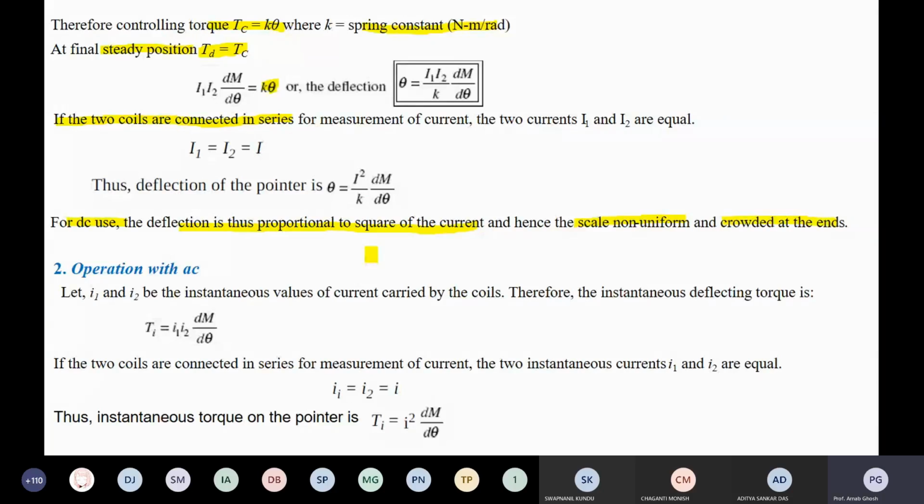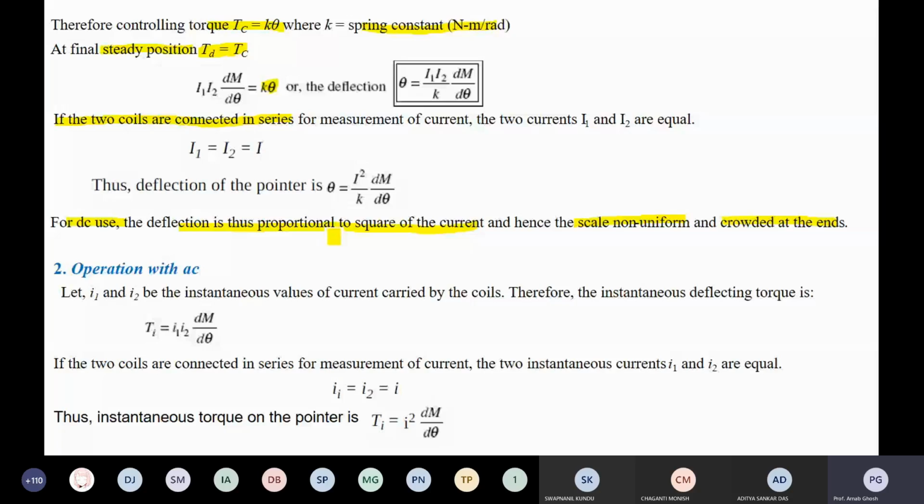Since θ is proportional to I square, the scale of this measuring instrument will be non-uniform in nature, crowded at the upper end and not so congested at the initial end.